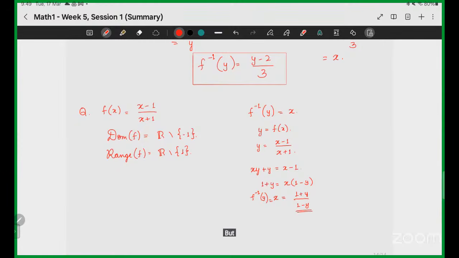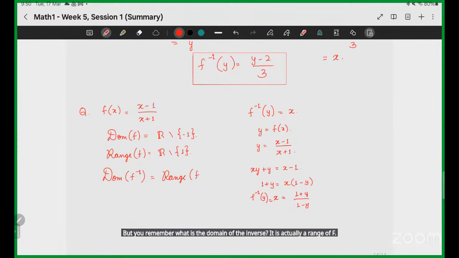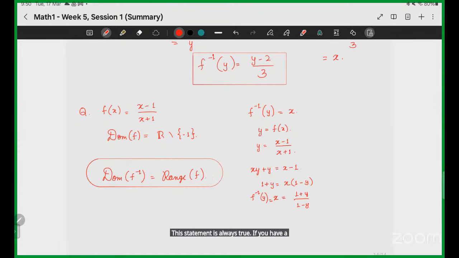So the inverse has this description. But what is the domain of the inverse? R minus 1. But you remember what the domain of the inverse is? It is actually the range of f. So even if you don't know this, suppose you don't know this statement is always true: if you have a one-to-one function, then the domain of f inverse is the range of f.